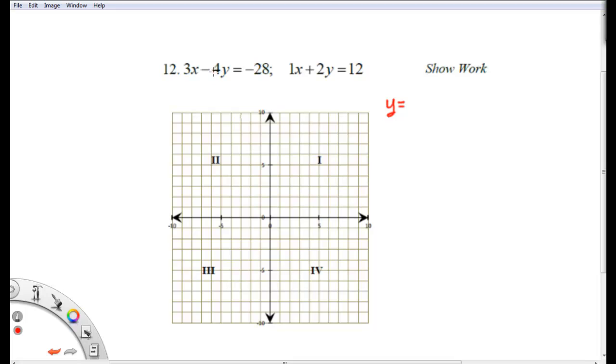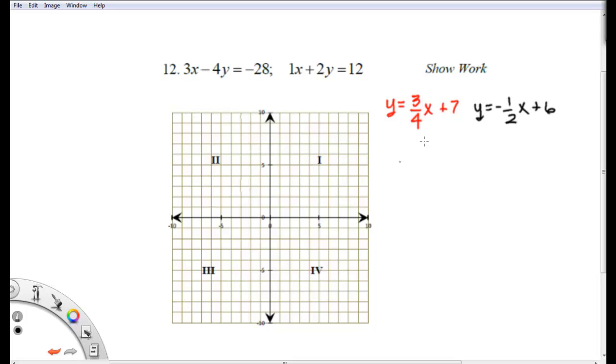And then when I divide a negative 3 by this negative 4, it'll make it a positive 3 over 4x. And then a negative 4 into a negative 28 will give me a positive 7. That's equation A. Now let's do B. I'll subtract 1x from each side and then divide it by 2, so that will be negative 1 over 2 times x, then 2 into 12 would be a positive 6.